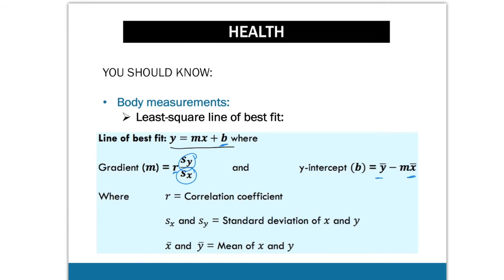So obviously, as you can already see, working out the least squares line of best fit takes a long time. And we need to know how to find all these things with our calculators in order to substitute these values into our formula to get our line of best fit.